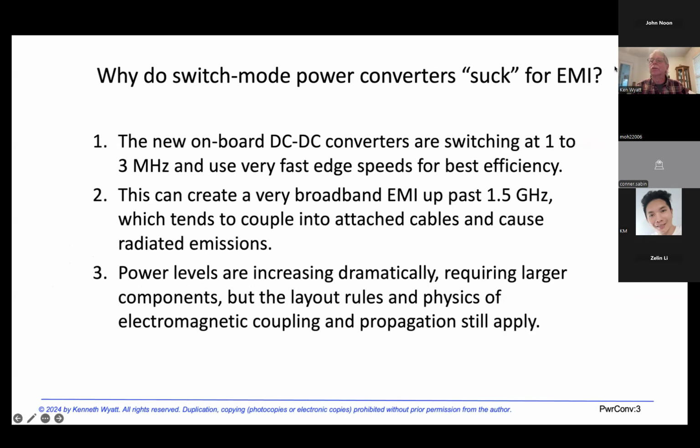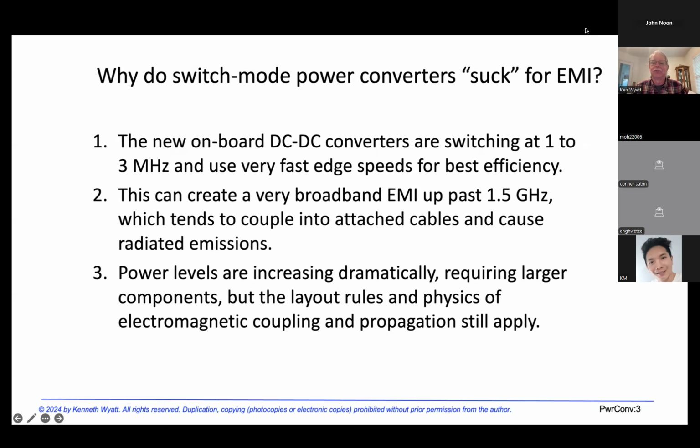Why do these switch mode power converters suck for EMI? These new DC to DC converters are usually nowadays switching between 1 to 3 megahertz, and they have very fast rise and fall times, and that's what creates the harmonic content.